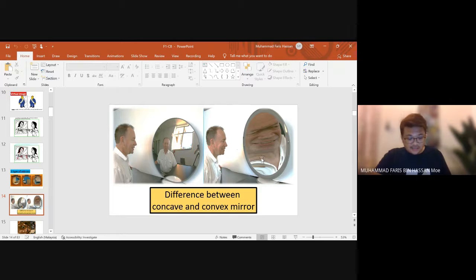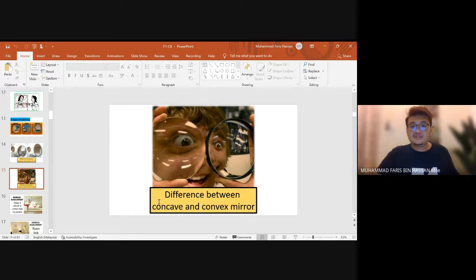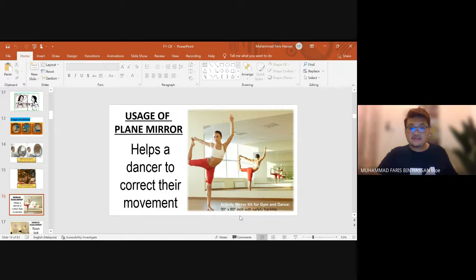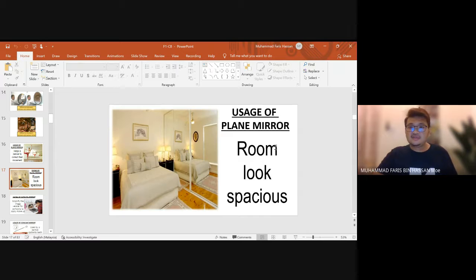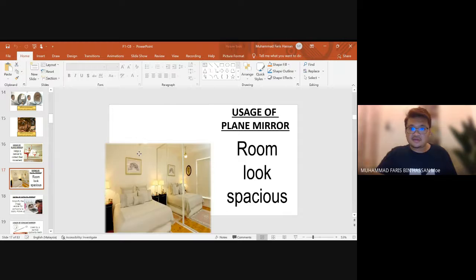But the concave mirror can be used for dental use, or for applying makeup. This is also the difference between the concave and convex mirror. You also learned about the usage of the plane mirror. It helps a dancer to correct their movement, and it makes rooms look spacious like this one.